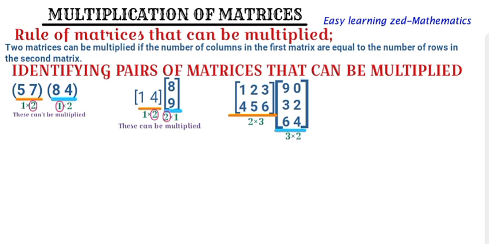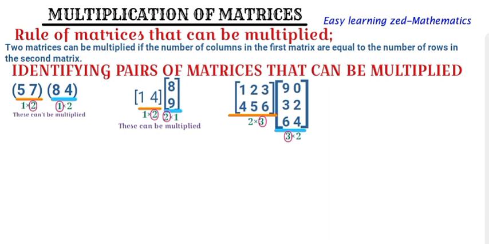Now let's check the number of columns in the first matrix. There are 3 columns, and in the second matrix, let's check the number of rows. There are 3 rows there. You can still count them. If you have problems writing orders of matrices, go to the comment section or the description box, where you'll find the link to the video where I talked about orders of matrices, so that you can learn more.